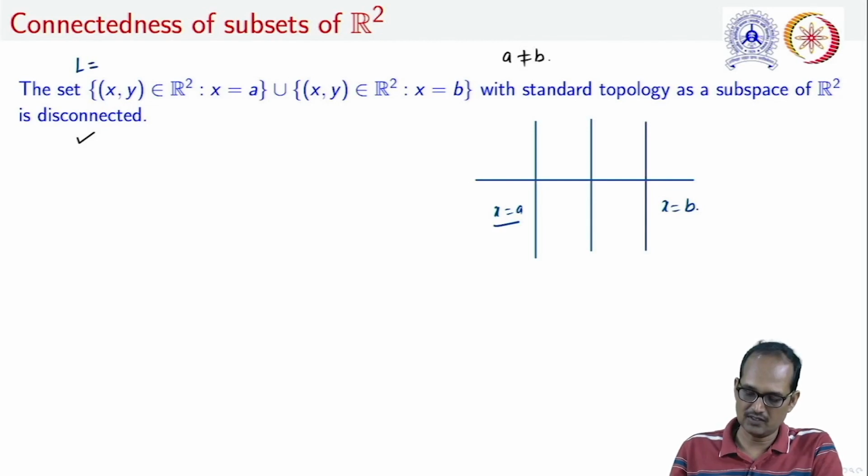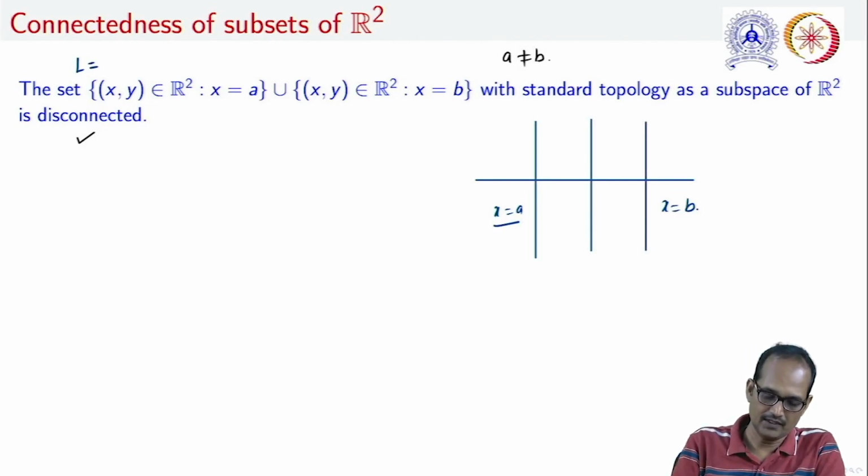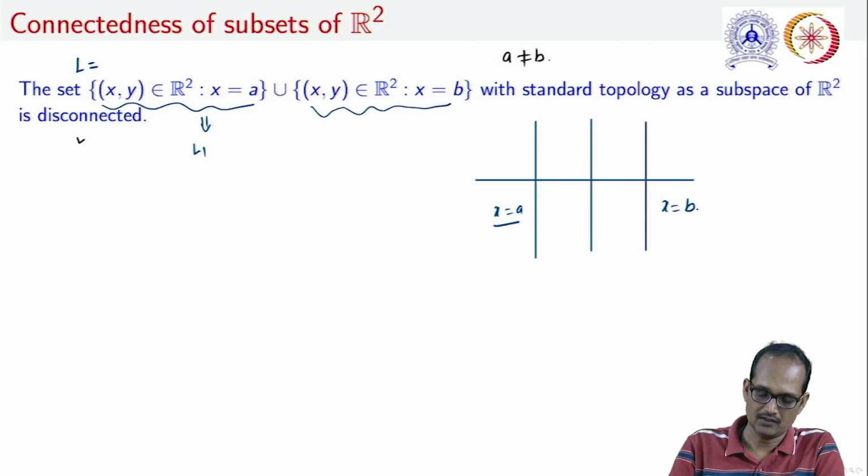How is this disconnected? Because if we are taking this first part, let us take this as L1 and let us take this is L2. If we are taking H plus intersection this L, what we will get? We will get L1. What is H plus?